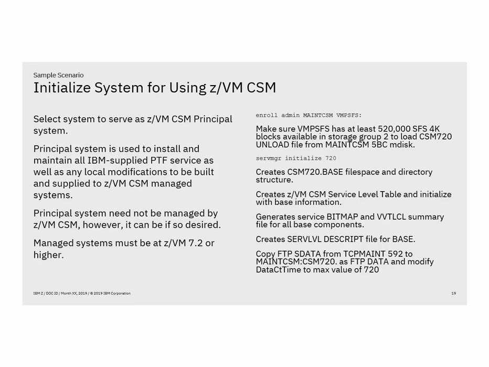It'll create the service level table and initialize that table with the base information, and then it's going to generate a bunch of bitmap and VVT local summary files for each of the components that are part of the base.